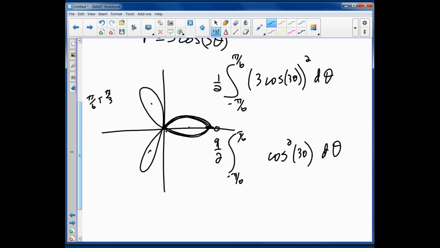Is that a double angle? Why don't you have to square the 3 theta? Well, because we just squared the cosine. Yeah, we squared the cosine. What is that formula? The double angle cosine formula for cosine squared.